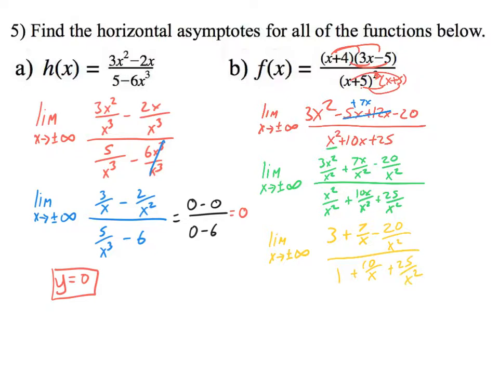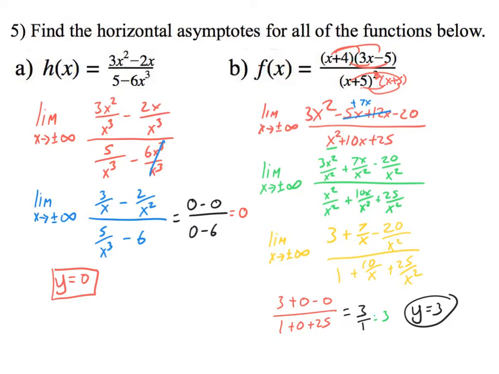All right, so let us now plug in infinity, and we get 3 plus 0 minus 0 over 1 plus 0 plus 25... when reduced, 3 over 1, which is equal to 3. So my horizontal asymptote is y equals 3 in both directions.